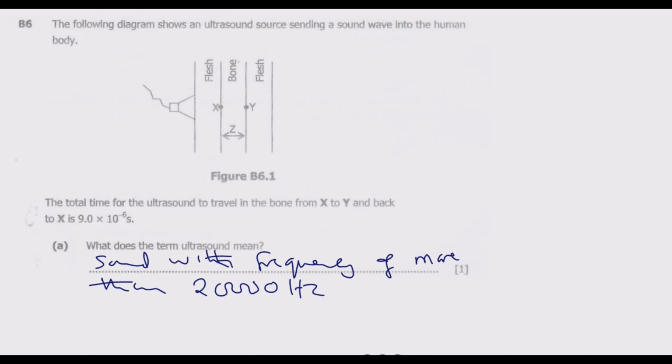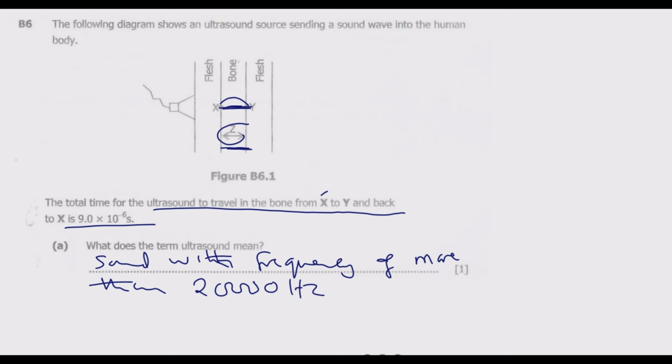We are told the ultrasound travels from X to Y, then back to X, and it takes 9.0 times 10 to the power negative 6 seconds. Then Z is just the distance between these two, which is the one route.